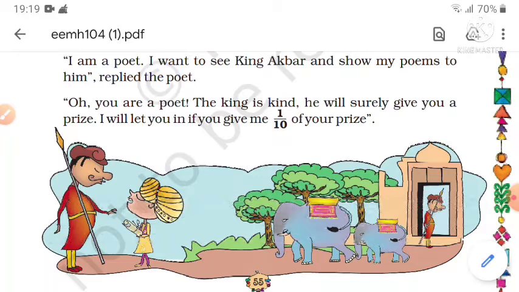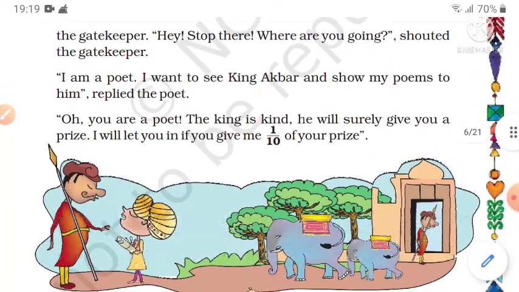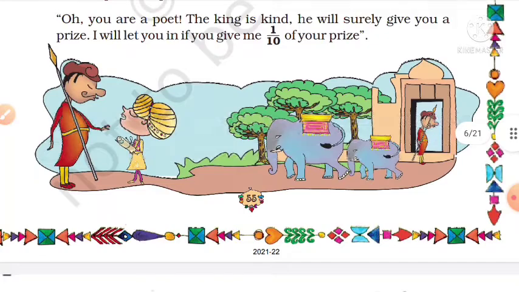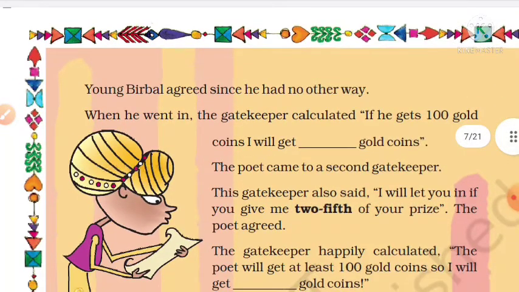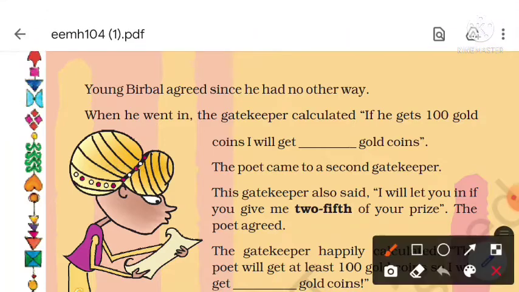So the gatekeeper replied that he will allow Birbal if he agrees to give 1 by 10th of the prize. Next, young Birbal agreed since he had no other option. When he went in, the gatekeeper calculated, if Birbal gets 100 gold coins, I will get, what will be the coins?